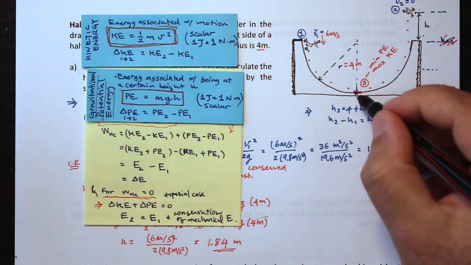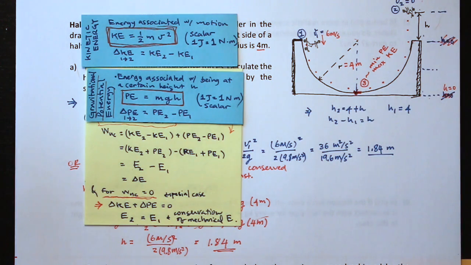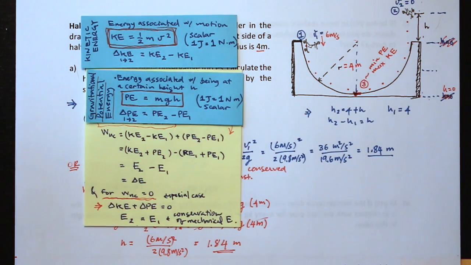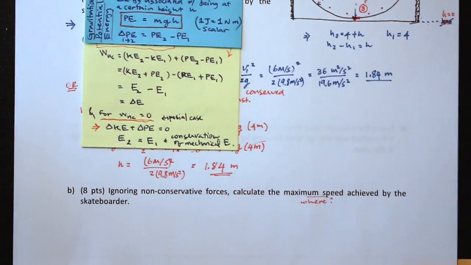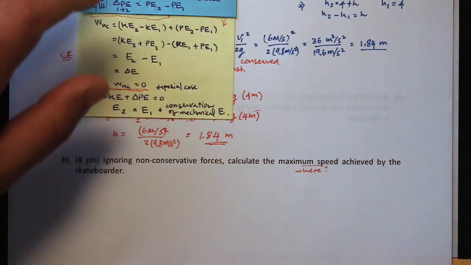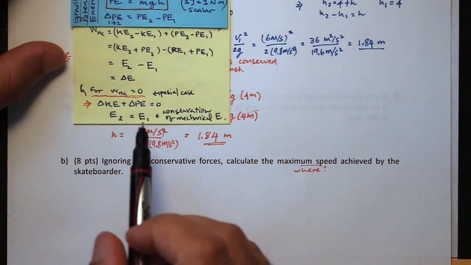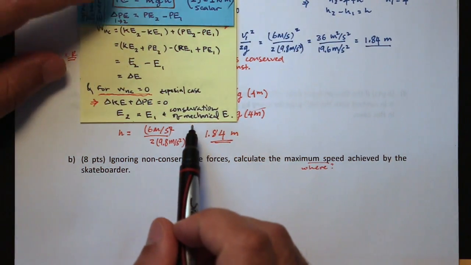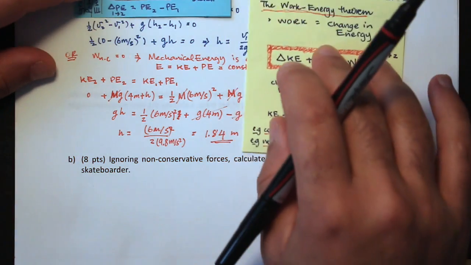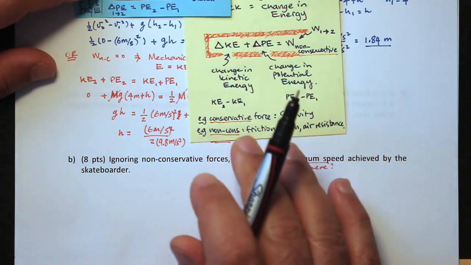Okay, so to calculate the maximum speed, I got to calculate the kinetic energy right at this point 3. And to do that, I could do it either way like I've done before, either using the conservation of mechanical energy statement or this statement of the work energy theorem.